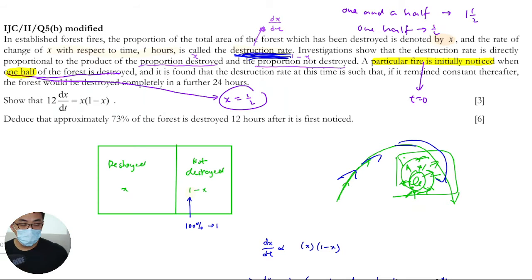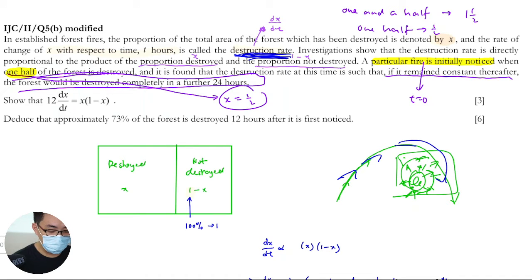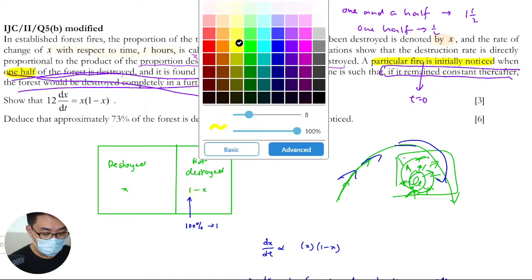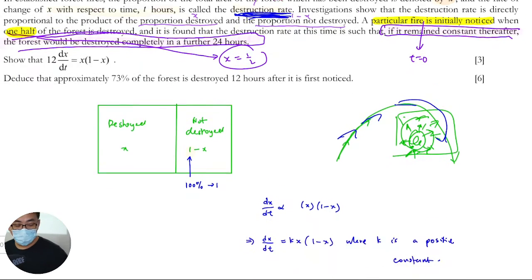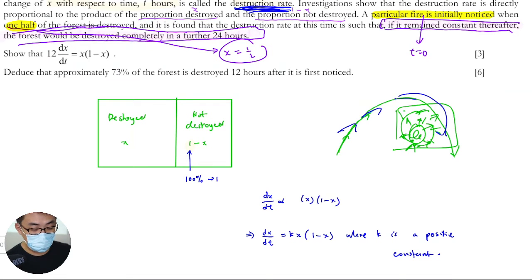So you are looking at one half, and it is found that the destruction rate at this time is such that if it remains constant thereafter, the forest will be destroyed completely in a further 24 hours. This is the tricky one. We already established the destruction rate is varying. You go up and then come down, because it's hard to start a fire, but once it gets going it is very hard to stop, like inertia.